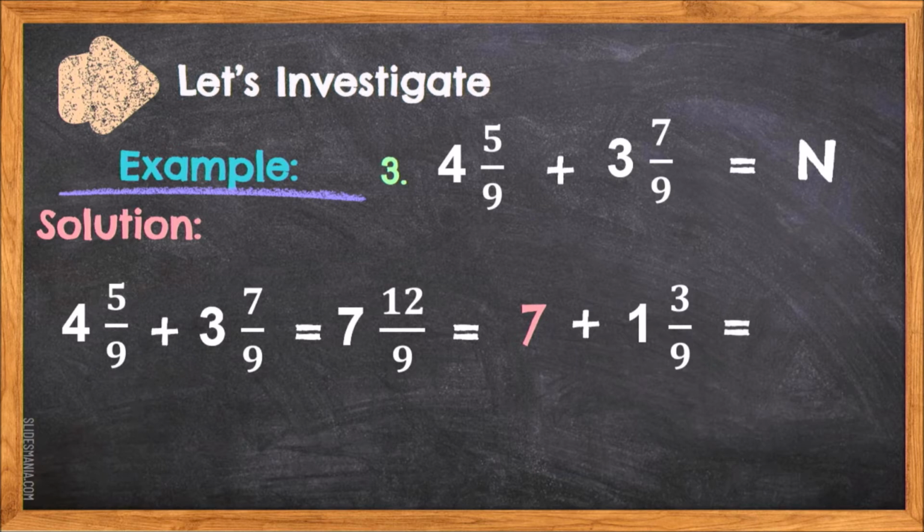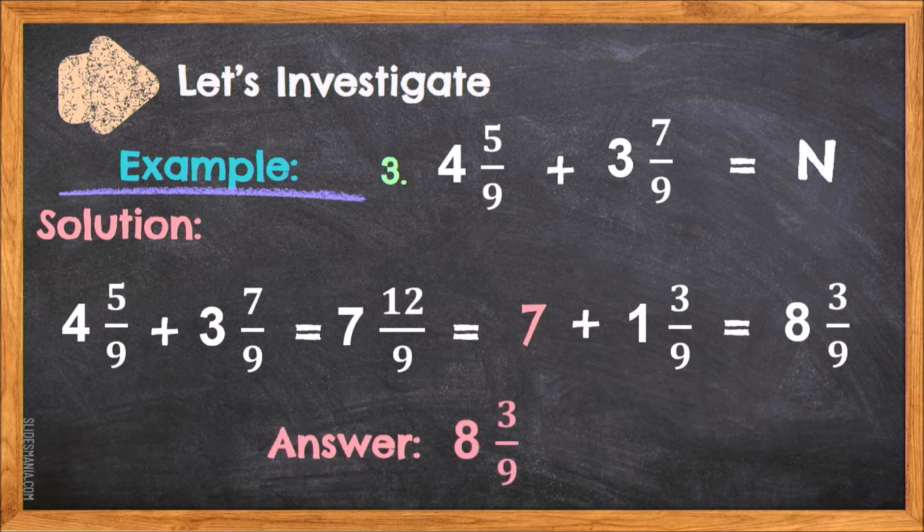So here the final answer is 8 and 3/9. Kids, remember, if the answer in adding similar fractions is an improper fraction, of course, we need to make it first a mixed number. So again, the final answer is 8 and 3/9.